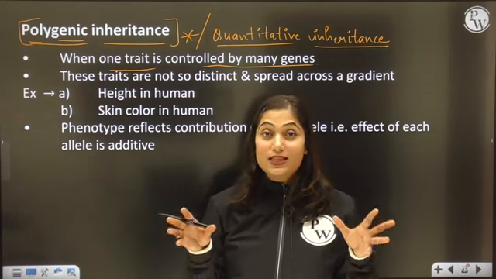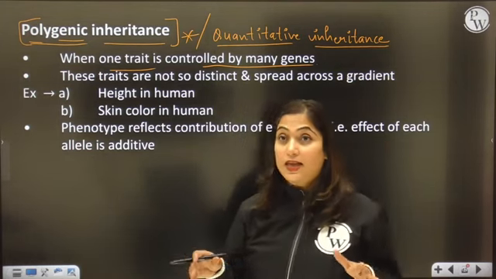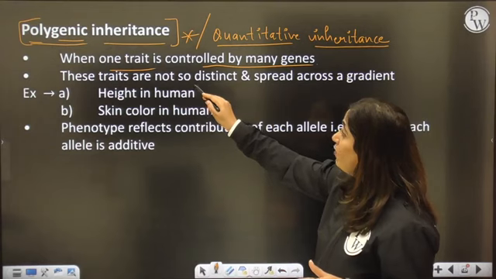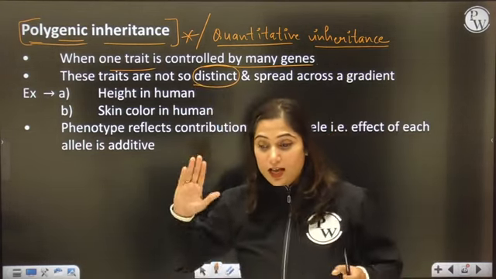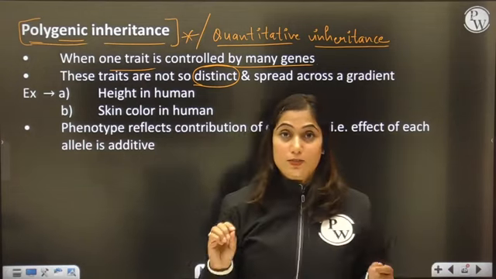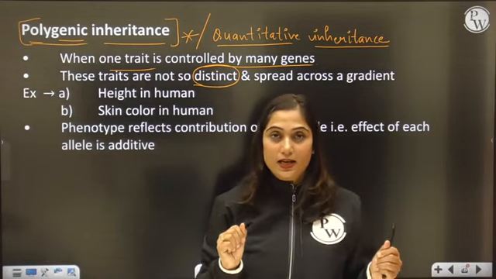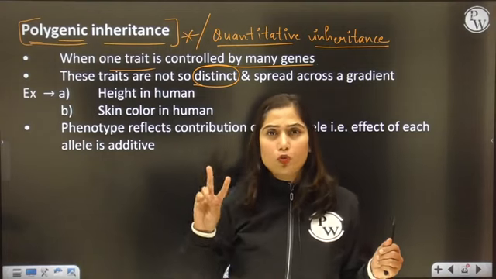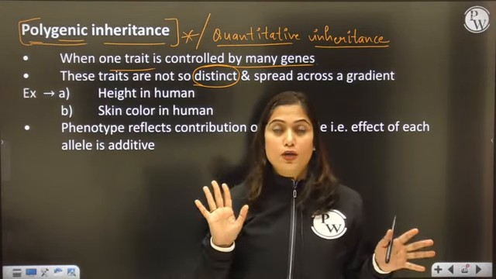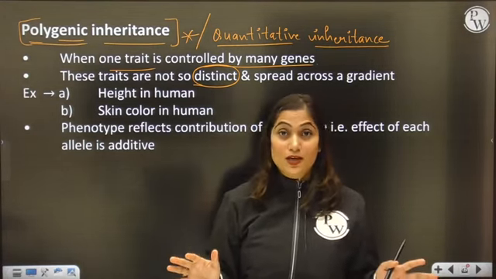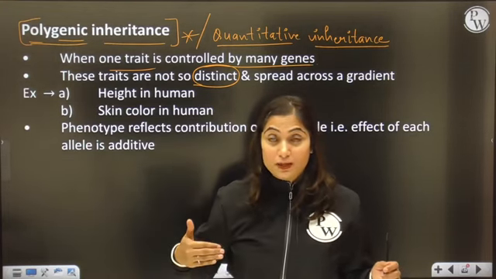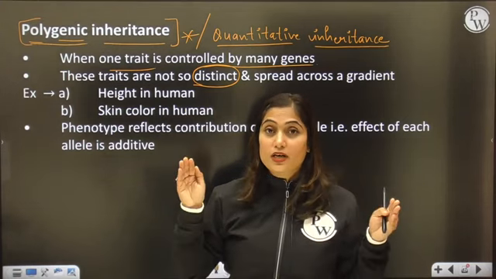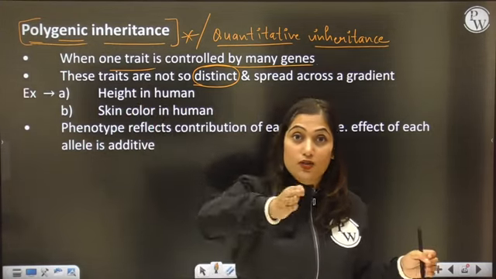No, these traits are seen where you cannot clearly distinguish between the expressions. They are present across a gradient. Suppose skin color inheritance: there are not just two options, either very white or very black. No, there are so many skin tones, right? So this trait is not distinct, but is present across a gradient.